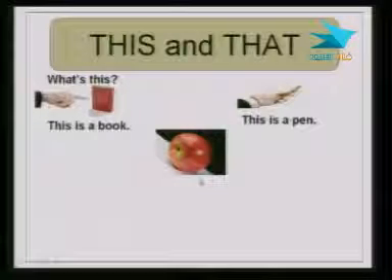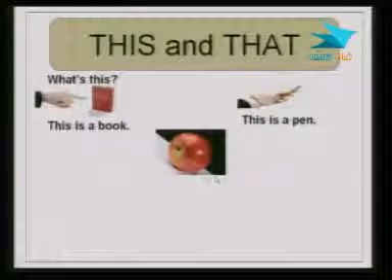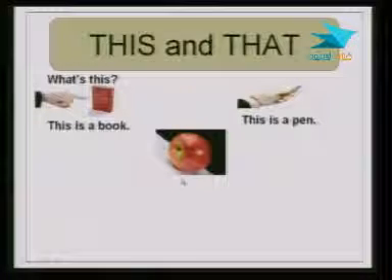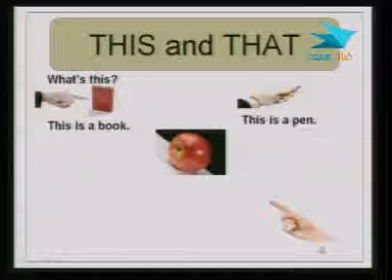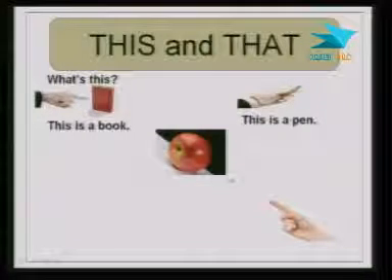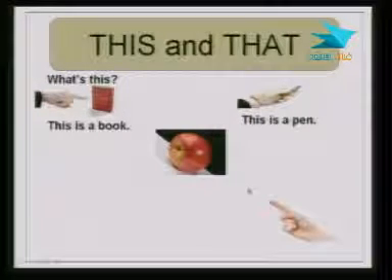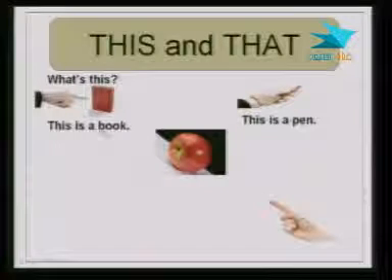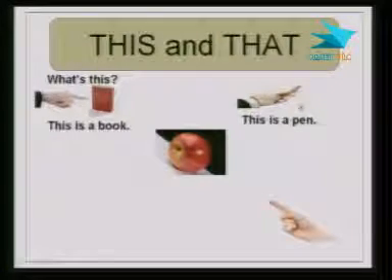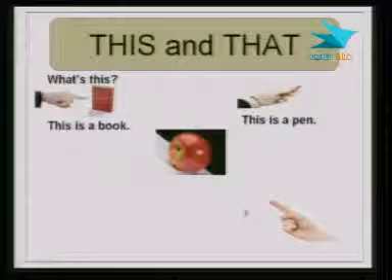I'm using this because it's very close here, very close to the cursor. Now if you look at the hand here, the hand is not very close. See the distance here? It's not near. It's not like here or holding it. So that is used in this case.